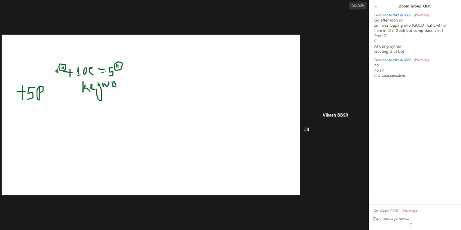What is the other name of keyword? You can say. They are predefined, but it is also called reserved word. Yes or no? Reserved word. Remember, reserved word.